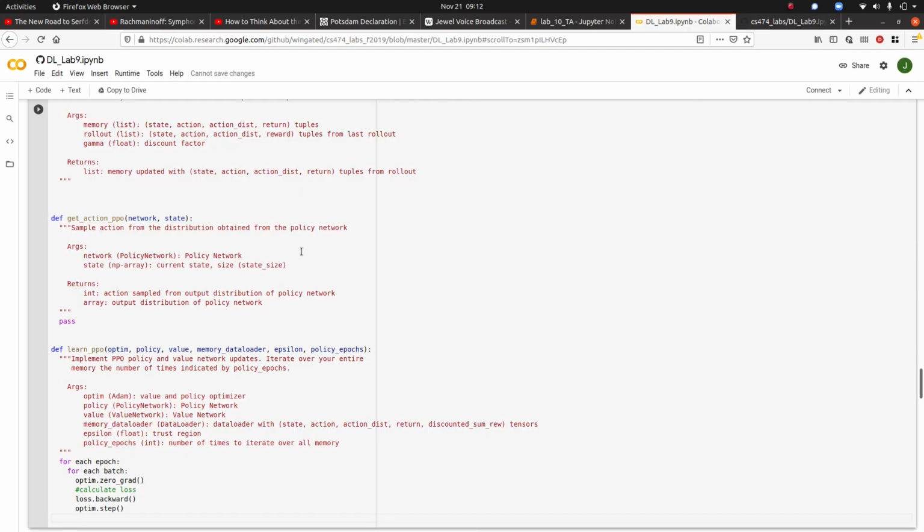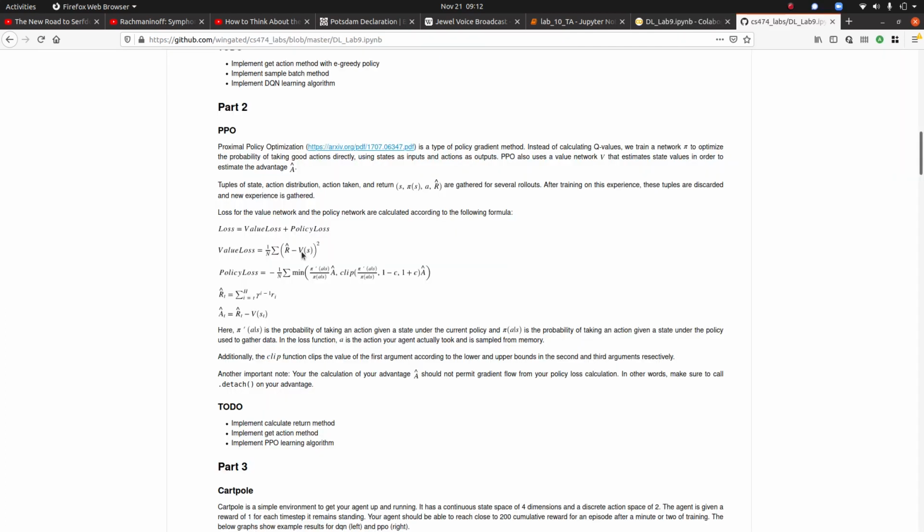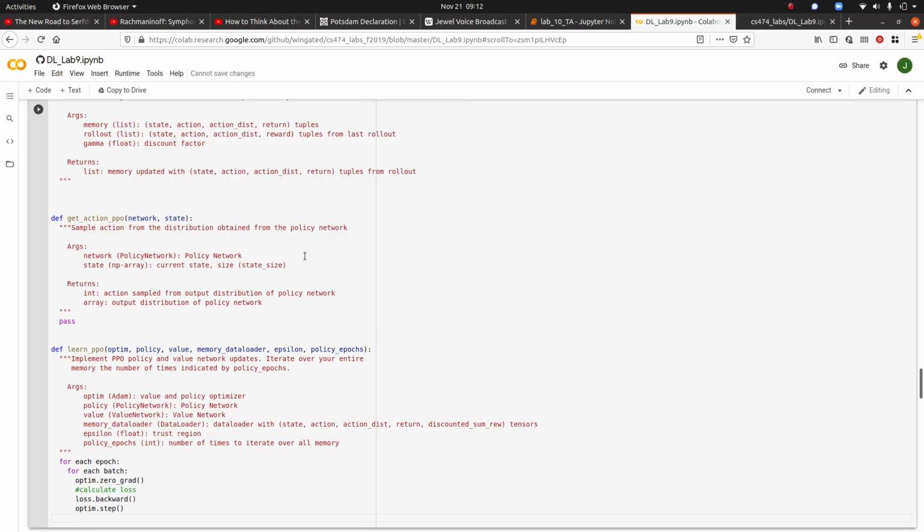The return is what we're going to get out of the batch, and V of S is the state passed through the value network. So we have V of S equals the value network given the state. And the state is a variable that we're going to get out of the batch. The batch is going to be a tuple of all of these variables.